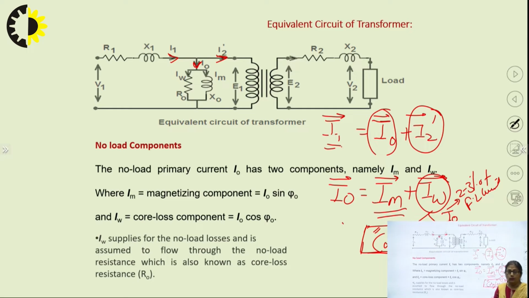Say the full load current, the rated primary current of the transformer, is 5 ampere. What will be the no load current? Approximately 2 to 3% of it, so that means about 0.1 or 0.15 ampere.